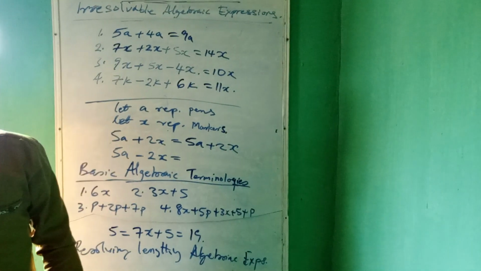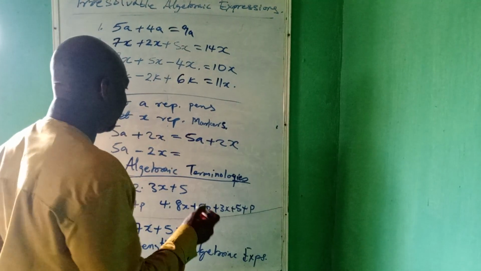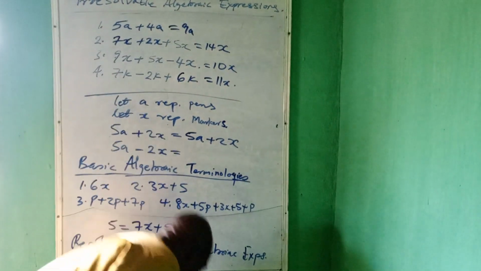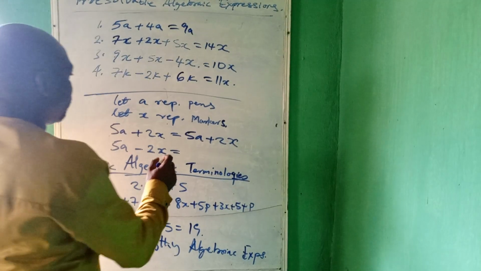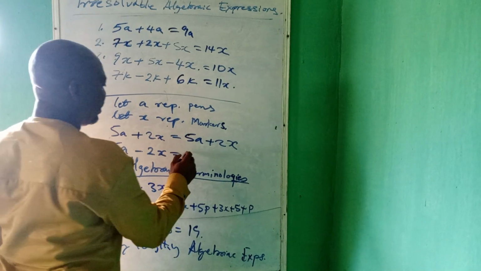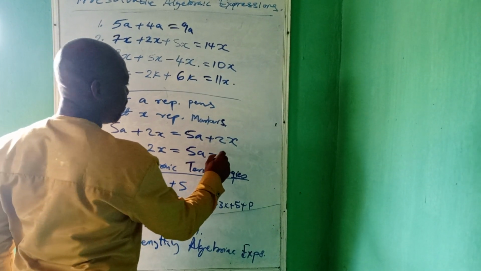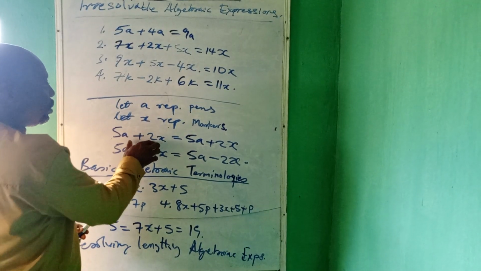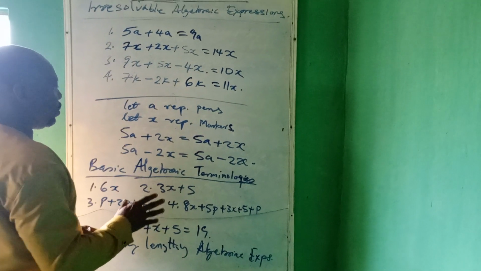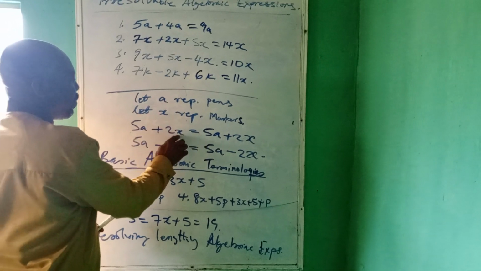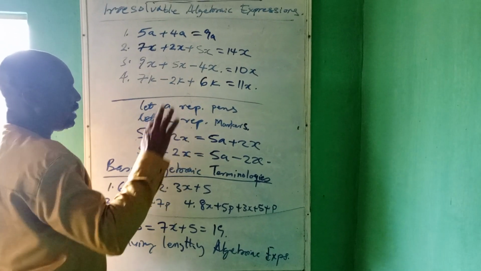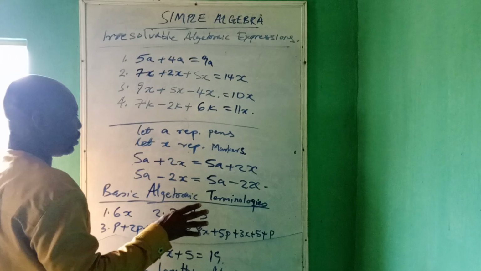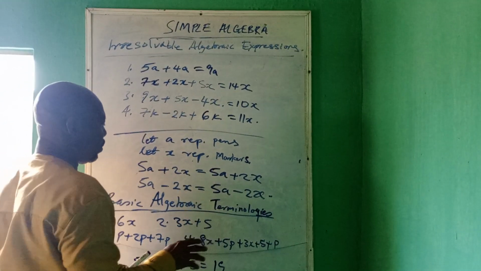And the same way in algebra, if you have 5a minus 2x, the answer remains 5a minus 2x. We say this expression is irresolvable. So when you see two different terms in any algebraic expression, it is irresolvable.